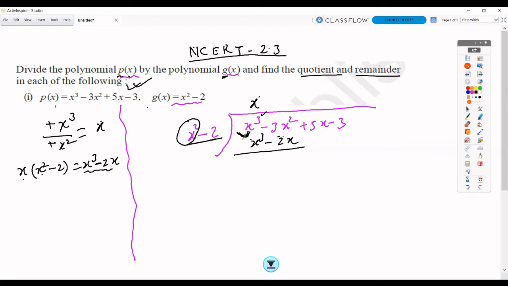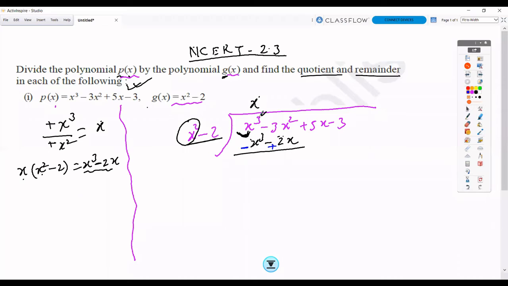The general division rule says we are supposed to subtract it. Subtraction means you are going to change the sign. This sign is plus, so it will become minus. This sign is minus, so it becomes plus. Subtraction doesn't mean anything else; subtraction means change the sign.